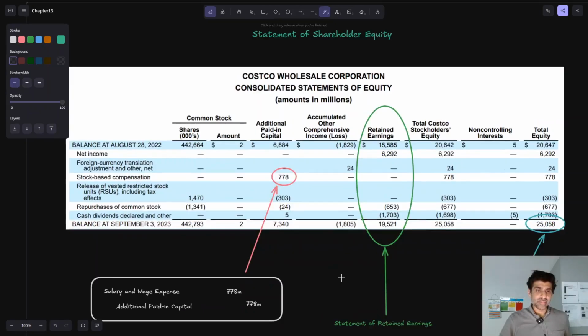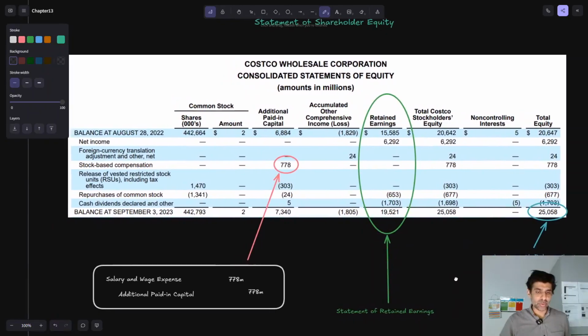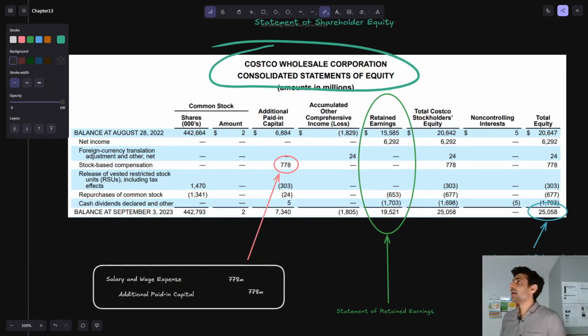Okay, so this is the statement of shareholder equity. I think we've seen this a couple times in the class, but just to revisit, now that you've spent a little more time with the equity section of the balance sheet, this is a separate financial statement than the balance sheet. The balance sheet only is going to really have these totals: total equity, retained earnings, additional paid-in capital.